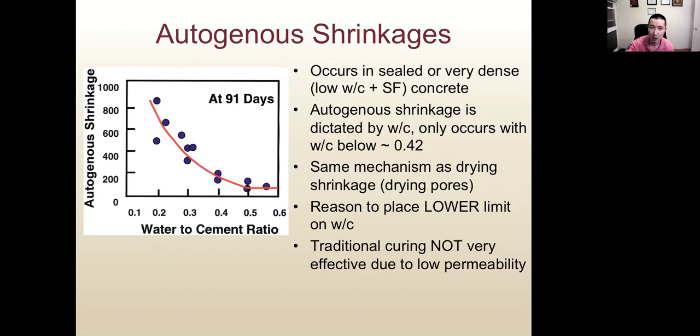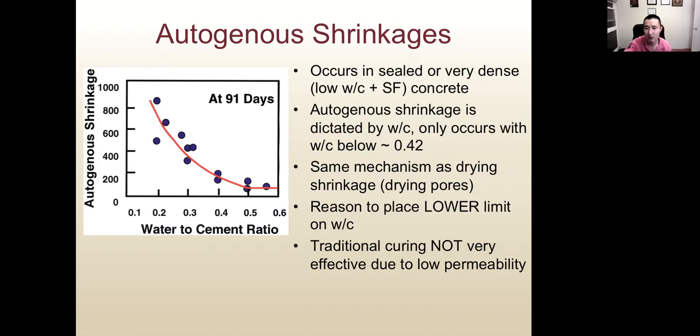Autogeneous shrinkage only occurs in very dense concrete, which has a very low water cement ratio, and sometimes has some silica fume inside it. Autogeneous shrinkage only occurs in concrete with a low water cement ratio, below about 0.42.